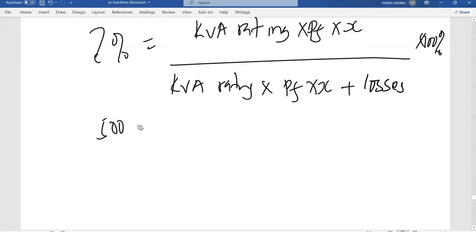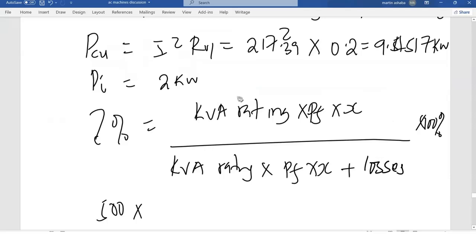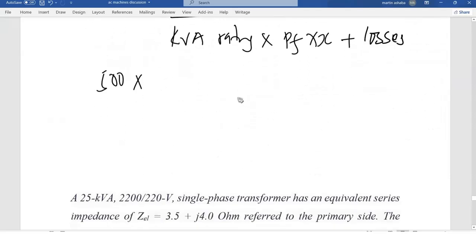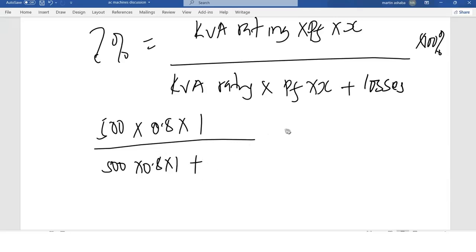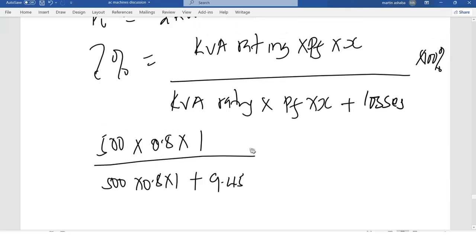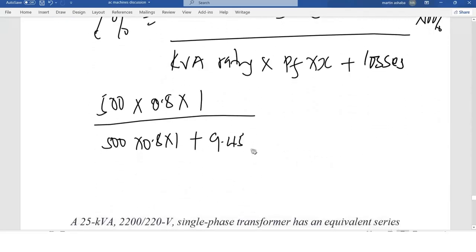We multiply by the power factor, which is given to us as 0.8, times the load x, which is equal to 1 because we are talking about full load, divided by 500 times 0.8 times 1 plus 9.4517, then plus 2 kilowatts.